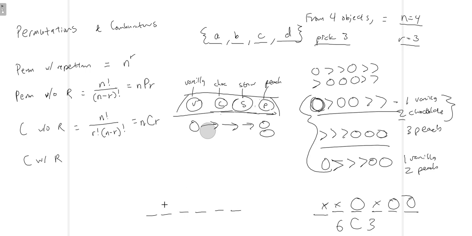Let's say I choose this position here, and then this position here, and then this position. So this is one permutation. But if I choose this one first, and then this one, and then this one, here we're counting two possibilities, but as you can see, this is the same sequence. So this is why we're not using permutations.